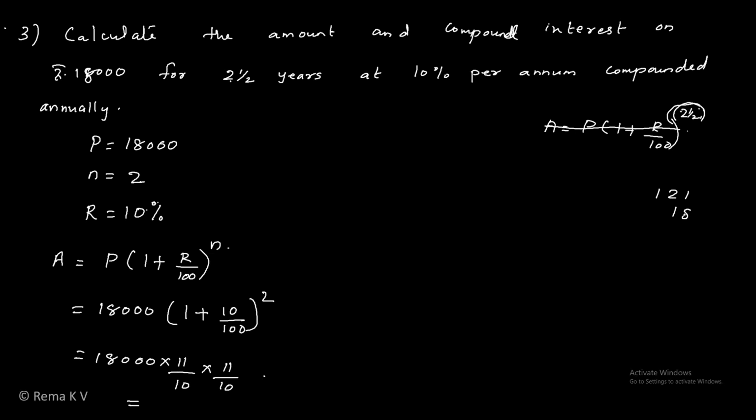Two zeros get cancelled here. 1 0 is left. Then multiply it with 18.